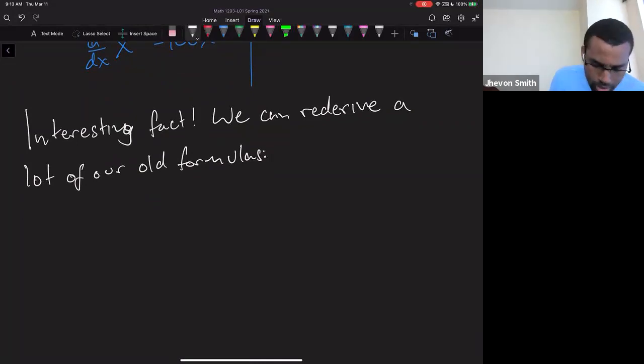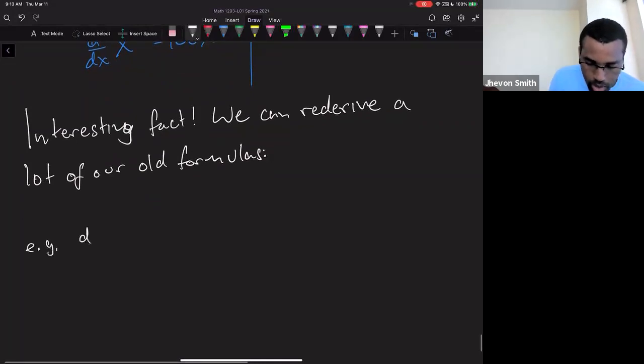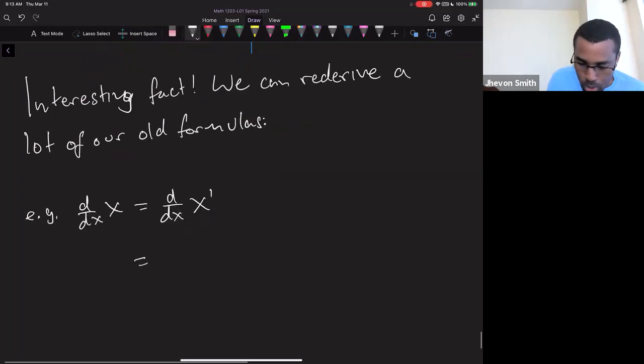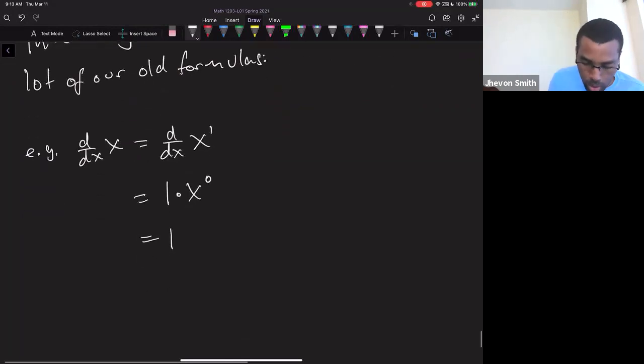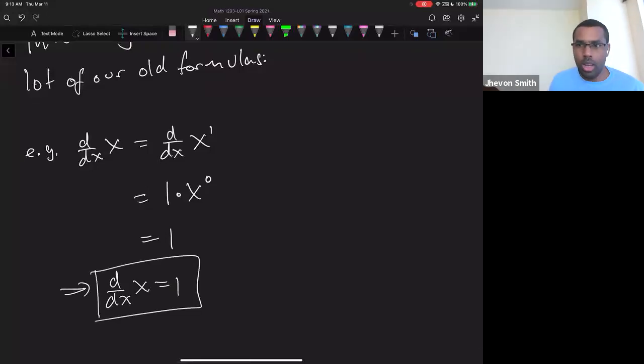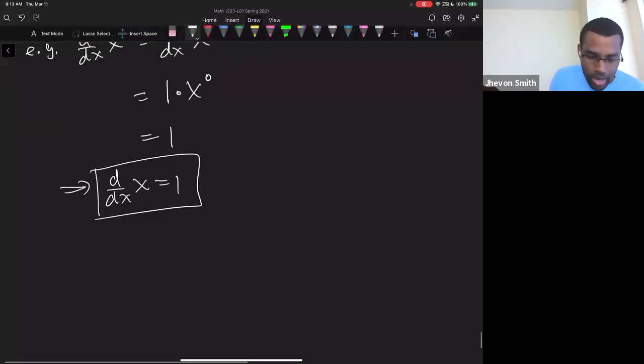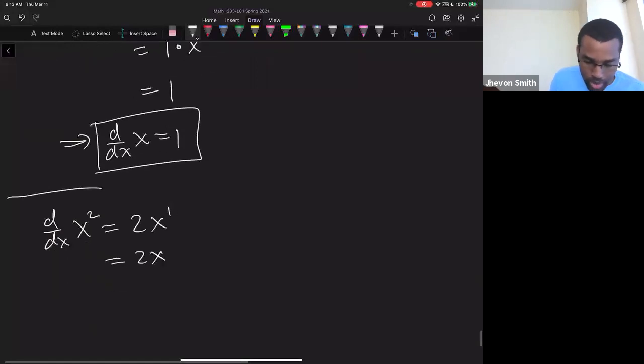Why is that? The derivative of x, well, that's just the derivative of x to the 1. By the power rule, that's 1 times x to the 0. X to the 0 is just 1. So we have rederived the fact that derivative of x is 1, right? In a lot quicker than we did the first time. We also derived the derivative of x squared. Well, we now know that that is 2x to the 1, or 2x. Right? So that's by power rule.